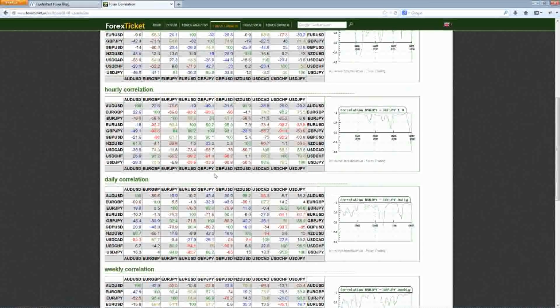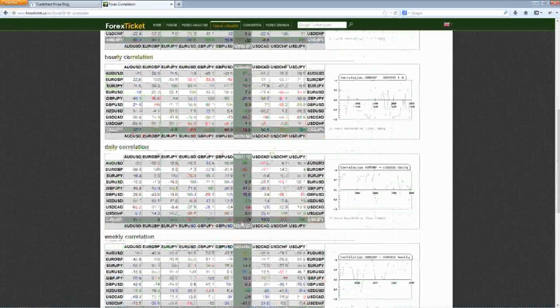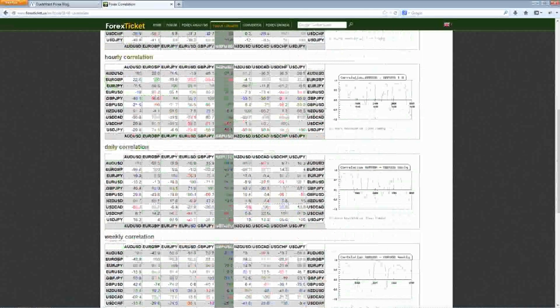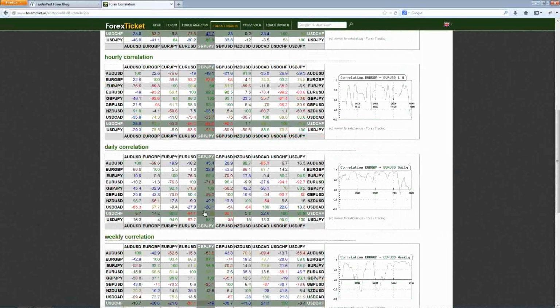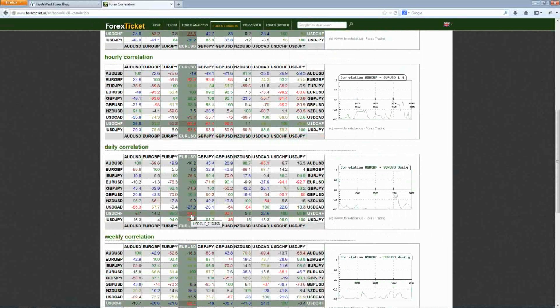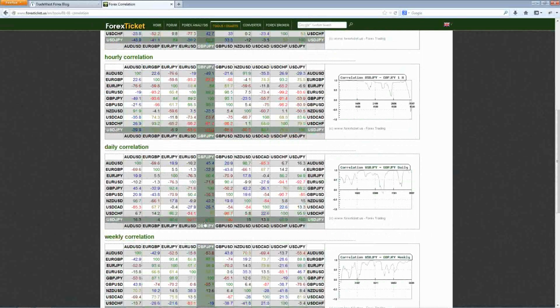So now let's just look at the daily. You can see that the pound versus the US franc is negative 90. Very negative, very good chance that these two pairs are going to move opposite of each other. And for the euro versus the US franc, again, that one's one of the highest. It usually has always been the highest, even long term.